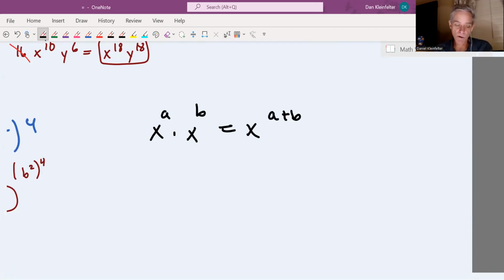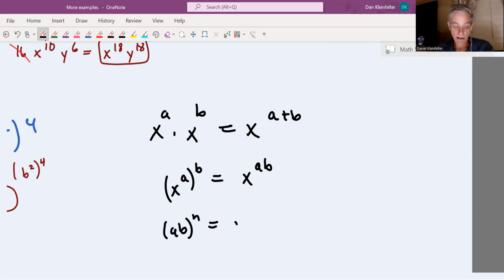We had the power to a power rule, which is (x to the a) raised to the b power is the same as x raised to the ab power. And then finally, we had the product raised to a power. There we give the exponent to each of the factors inside.